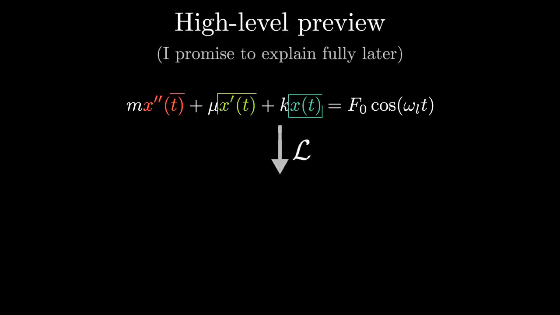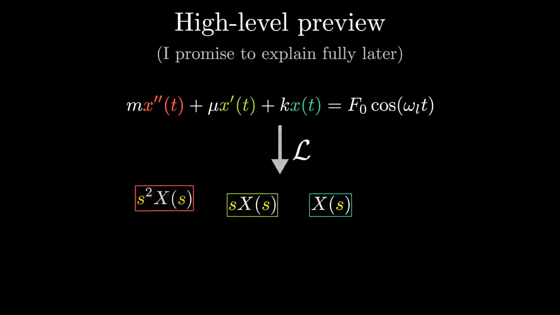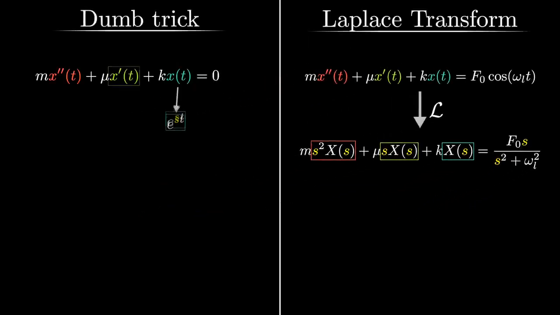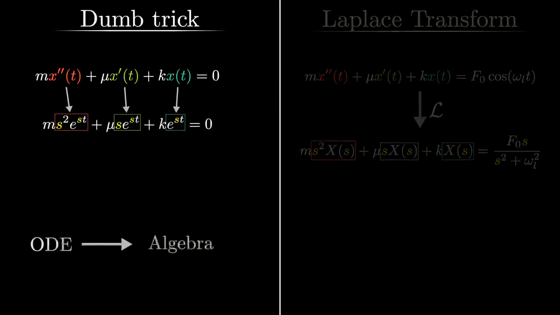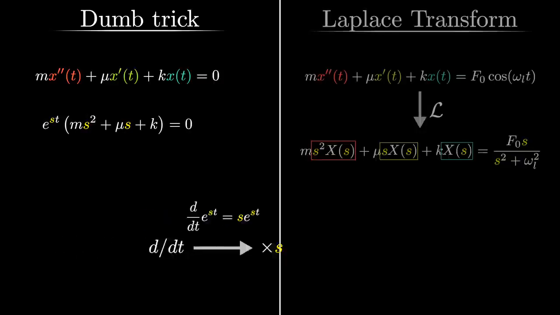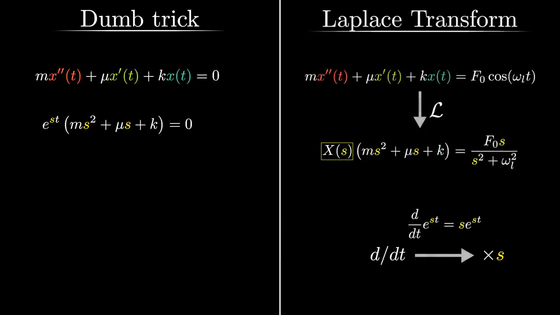When you use a Laplace transform to solve a differential equation, it actually ends up looking remarkably similar to that dumb trick of substituting e to the st. In the context of our dumb trick, the differential equation turned into algebra basically because the act of taking a derivative is the same as multiplication by s, at least for these specific functions. That same thing happens when you use a Laplace transform, and it's for essentially the same reason too.